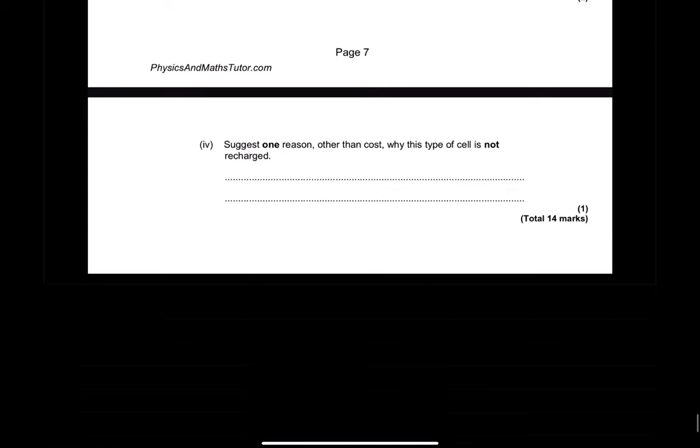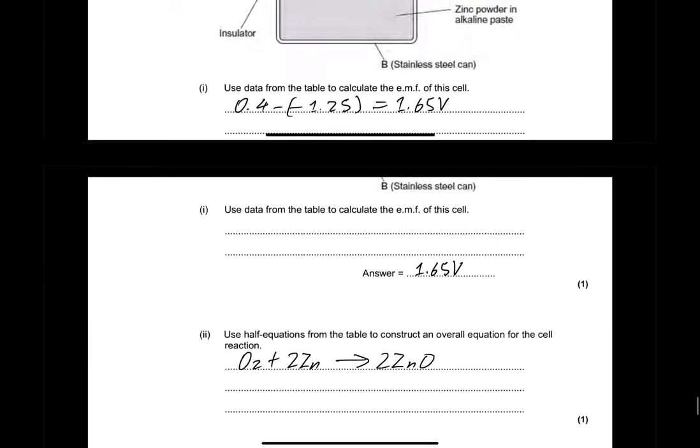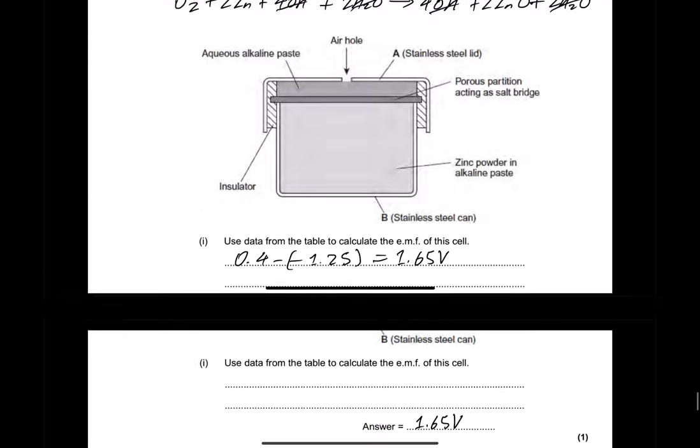Just one reason why, other than cost, this type of cell is not recharged: because the reaction isn't reversible. Hopefully it's correct. I've never done this question, so bear with me on this. I think that's correct.